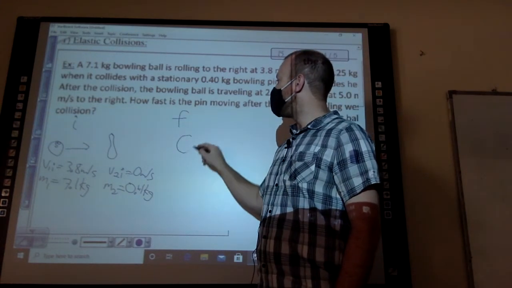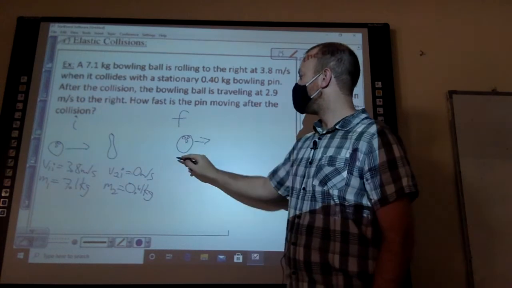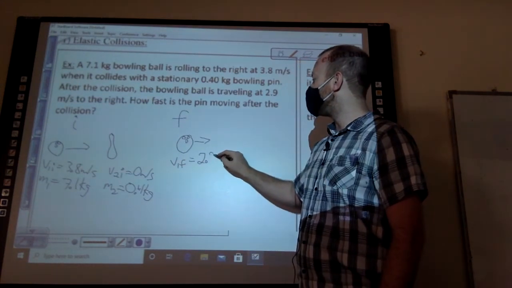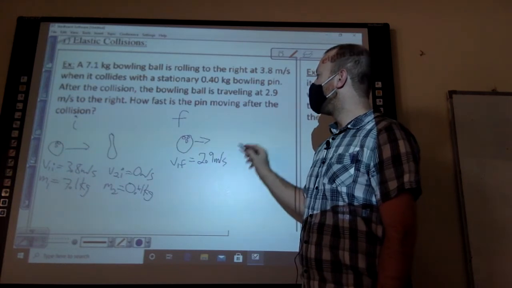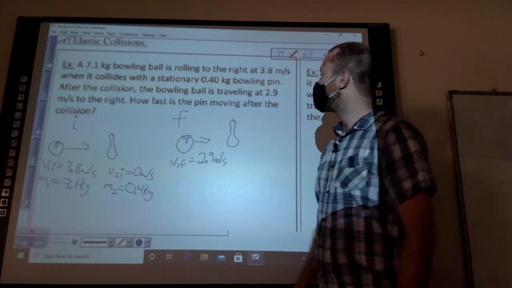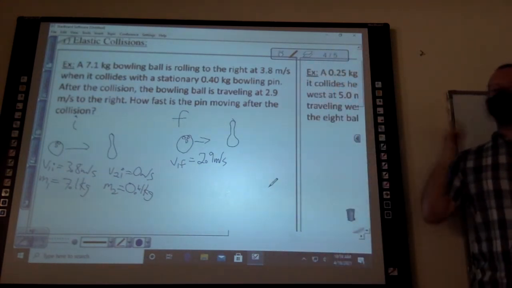Okay, so after the collision, the bowling ball is still moving to the right. So V1 final, 2.9 meters per second. What's happening to our bowling pin? It's moving. Is it moving to the right or to the left?